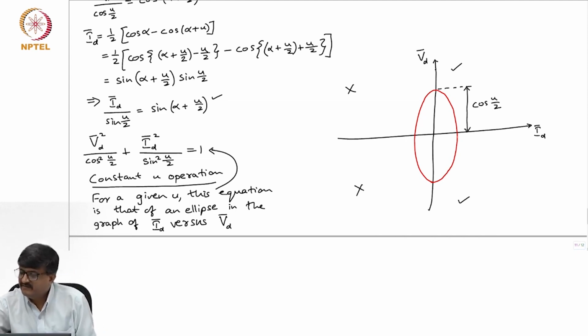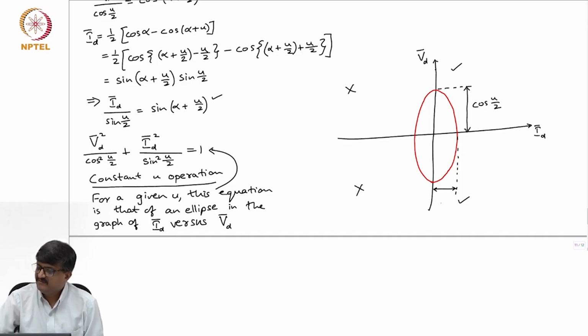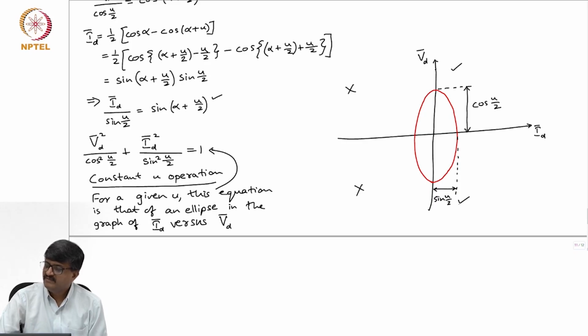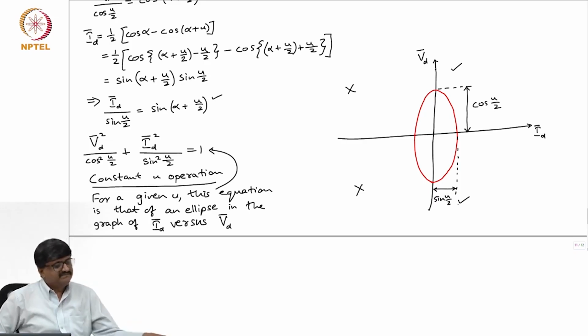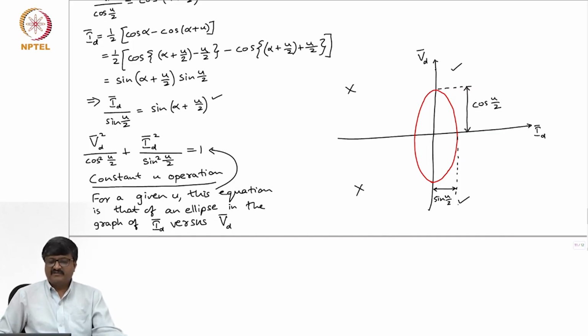Similarly, if I take a line parallel to the VD axis, then the distance from the VD axis of this line is sin u by 2. So what we get is an ellipse if I have constant u operation.